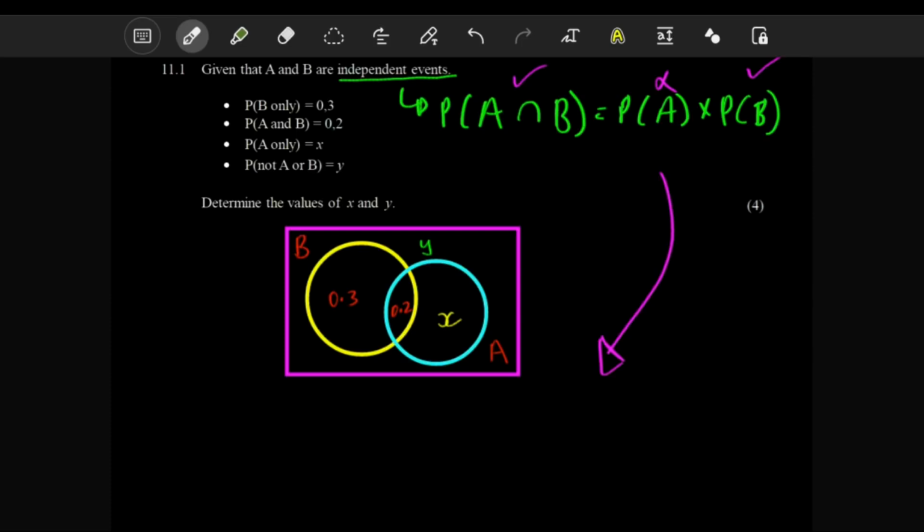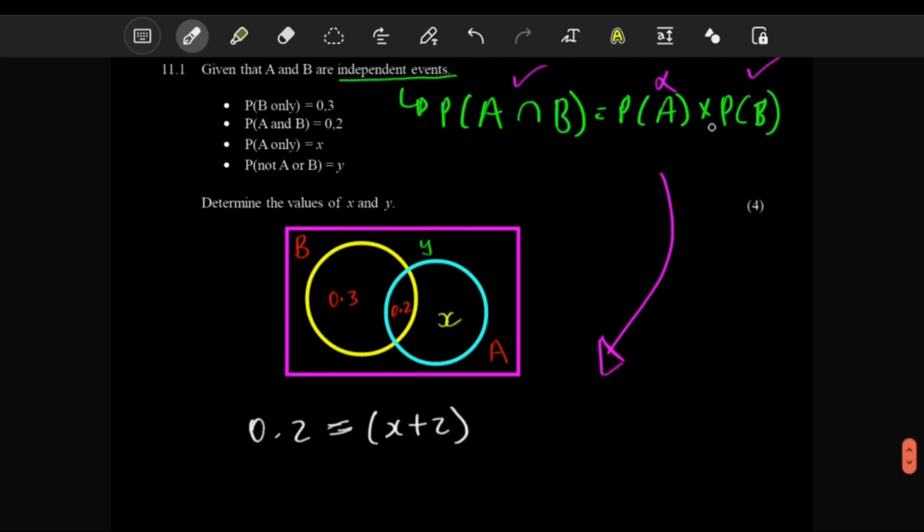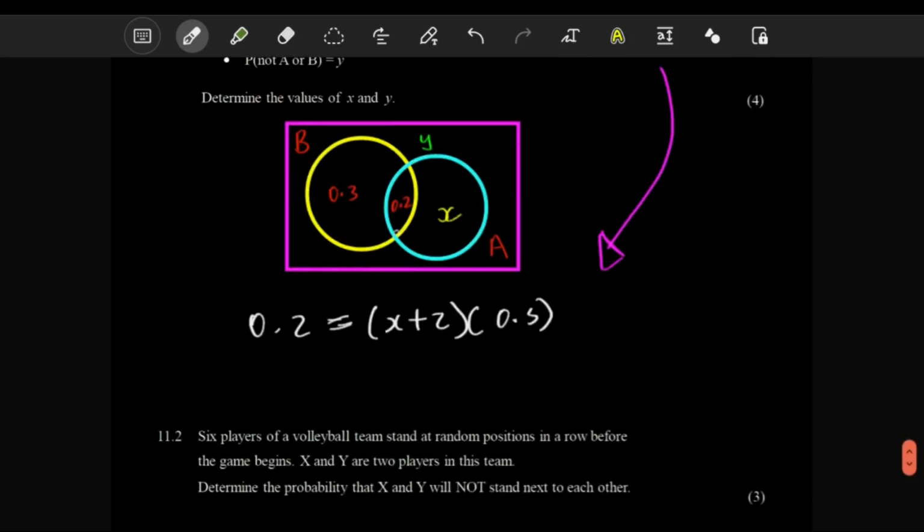So the probability of A and B is just 0.2, equal to the probability of A. If you look at your sketch, the probability of A is these two put together, so it's x plus 0.2, multiplied by the probability of B. The probability of B is just this put together, so it's 0.5 over there. And then these two multiply.